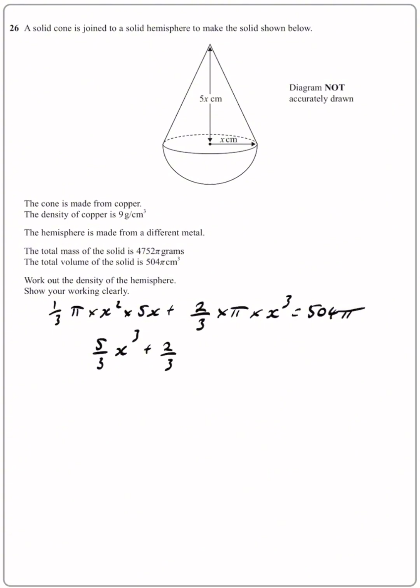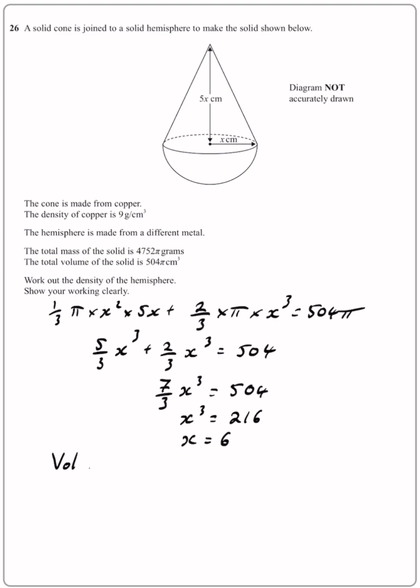That's going to sum to 504 pi. If I divide everything by pi and start collecting bits and pieces, 5/3 x cubed plus 2/3 x cubed equals 504. 5/3 plus 2/3 is 7/3. Times by 3, divide by 7, we get x cubed equals 216. Therefore, we can deduce that x must be 6 for this one.